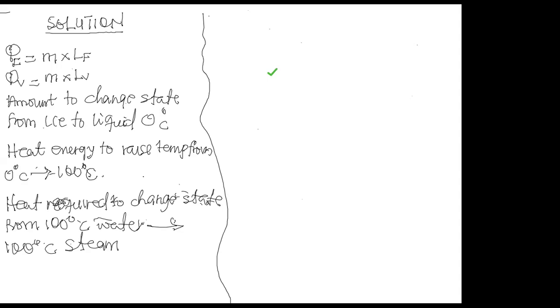So let's calculate the amount of heat. Since the temperature of the ice is at 0, the moment ice gains external energy, it will start melting because we are starting from the melting point of ice. So the quantity of heat energy to do the fusion will be the mass times L of fusion.